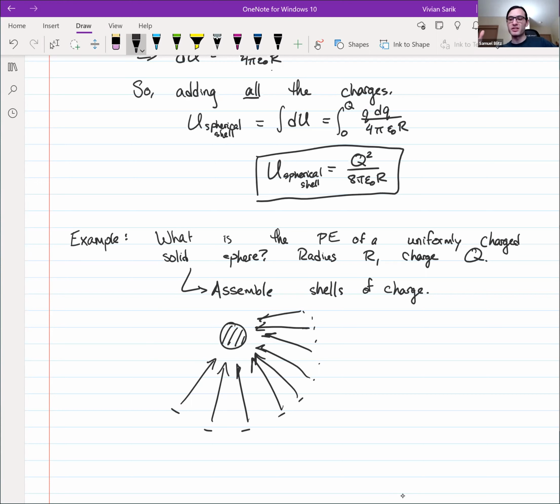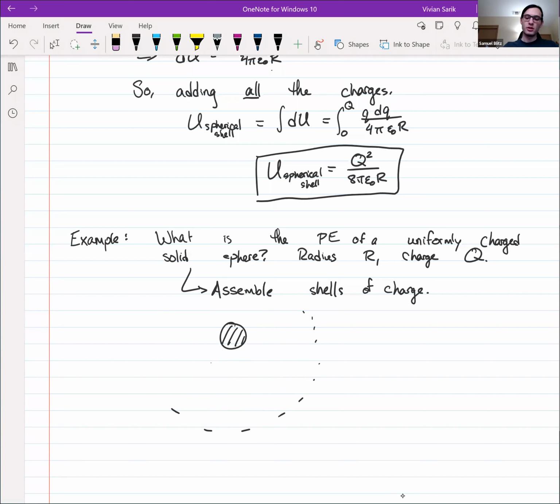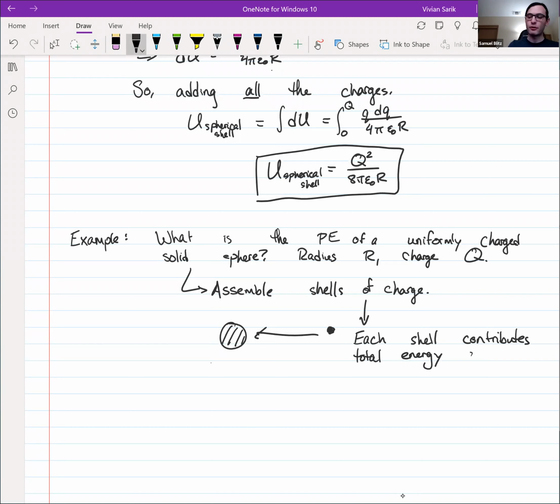So we could just treat it as if there was one big infinitesimal charge that came in, with the total charge equal to the charge on the shell. This is all to say that each shell contributes total energy as if it were a point charge.